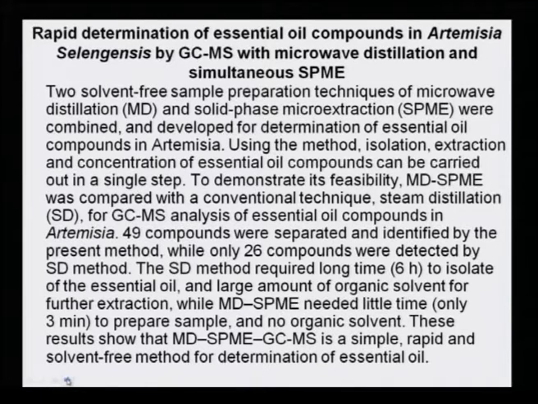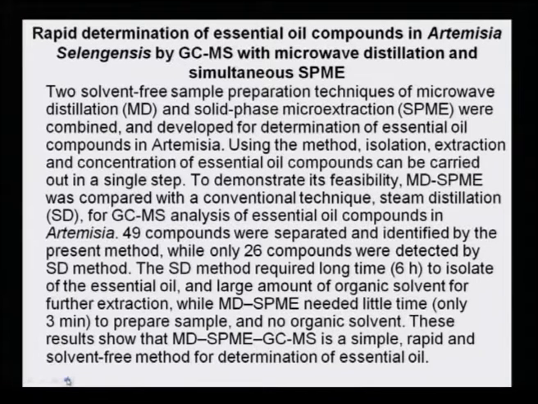Steam distillation for GCMS analysis of essential oil compounds in artemisia was carried out. 49 compounds were separated and identified by the present method, while only 26 compounds were detected by the SD method.